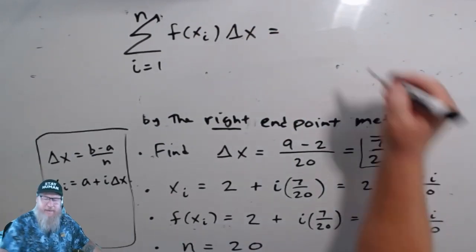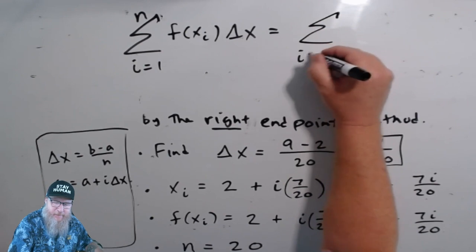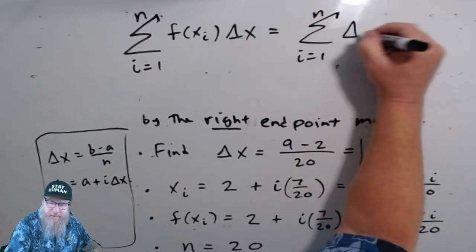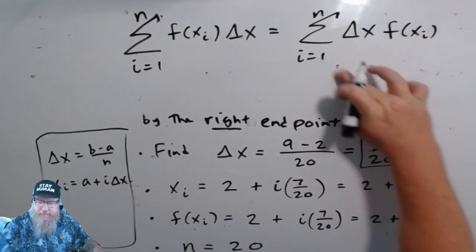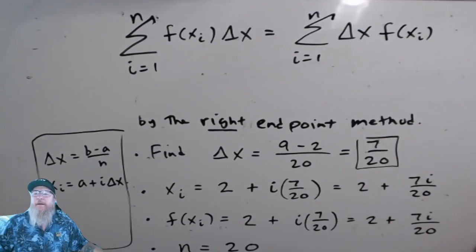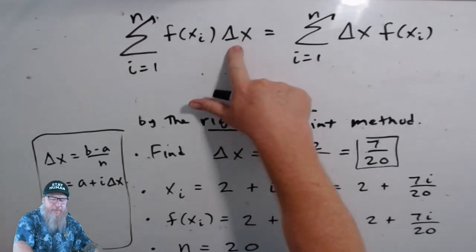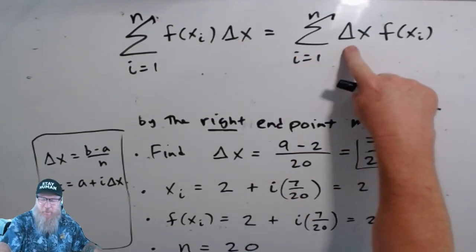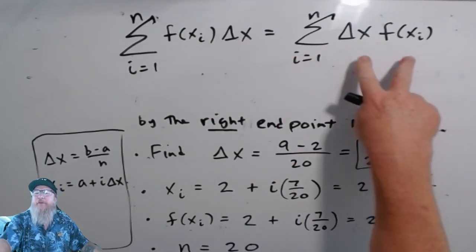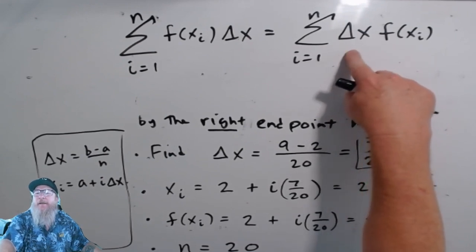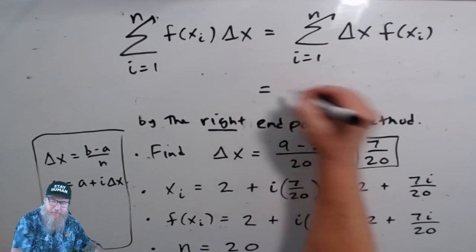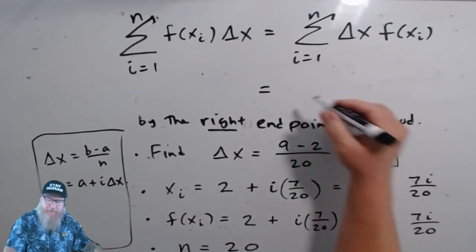You can also write it this way. This is like saying the height times the width, and this is like saying the width times the height. When I first introduced the concept, I think of the delta x as going on the left, but it really doesn't matter. I actually prefer it this way.